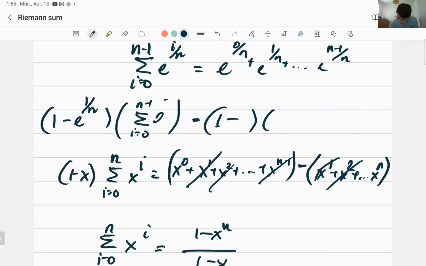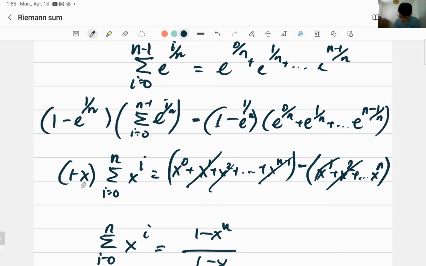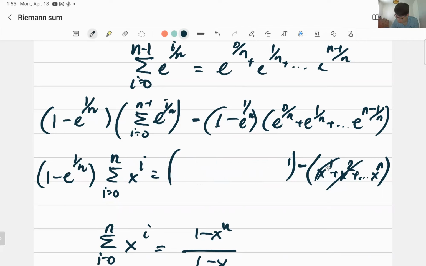So e to the power 1 over n here, and e to the power of 0 over n plus e to the power of 1 over n plus dot dot dot to e to the power n minus 1 over n, right? And I can rewrite this one and the whole thing here to change too. So this one is e to the power of 0 over n plus 1, right?